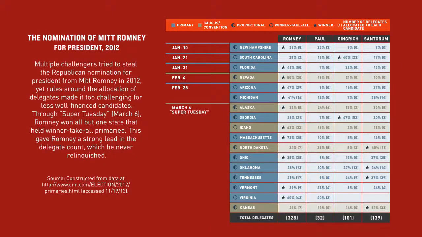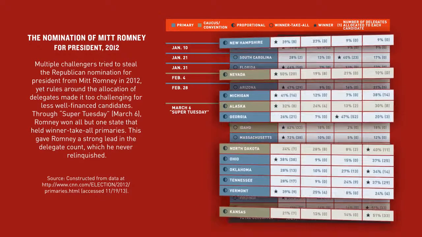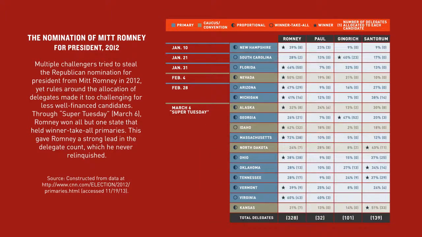Also, notice that there are some states that award delegates in the winner-take-all method, and some states that award the delegates proportionally. Let's see how these differences influence the results of the March 6th Super Tuesday nominations.